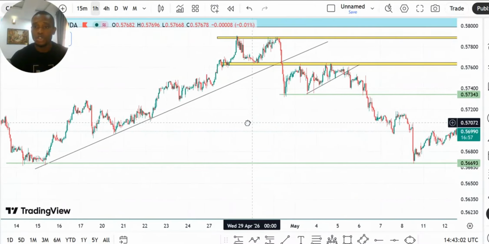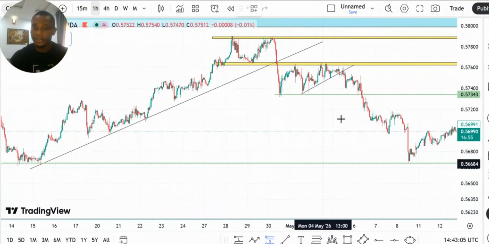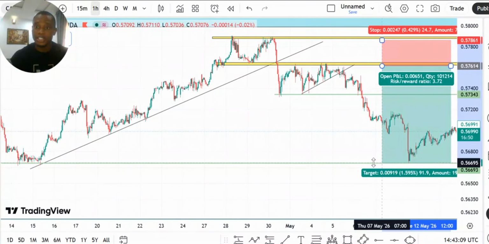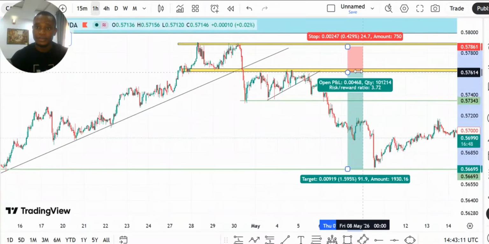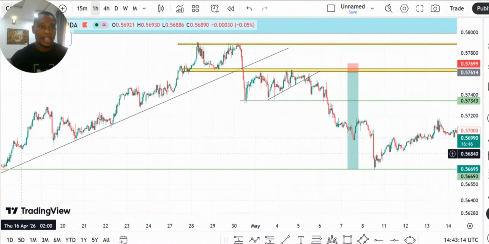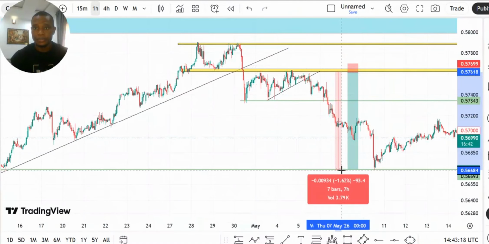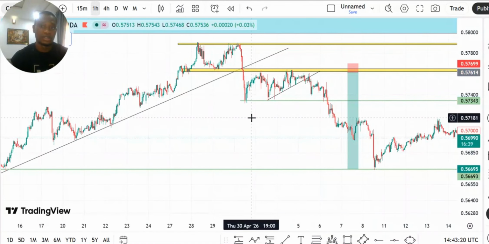This is a sweet setup. I will sell this market from here. That is very simple. It is about nine something pips.